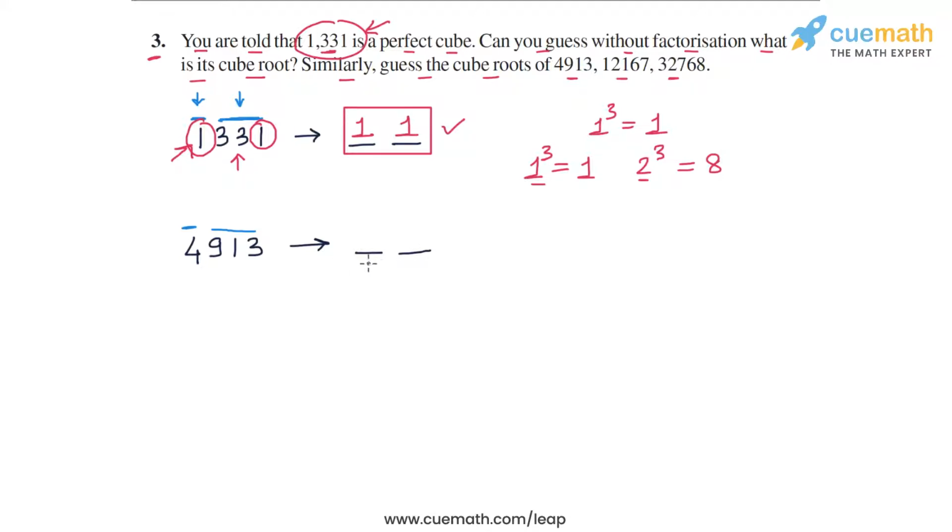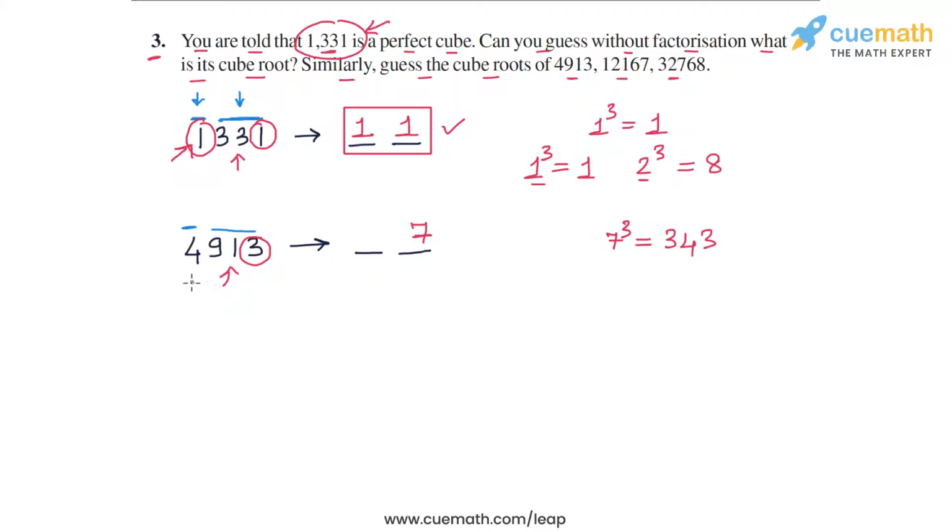To figure out the units digit, let's consider the units digit of the first group, which is 3. The cube of which digit ends in 3? There's only one such digit, 7, because 7 cube is equal to 343. So the units digit of the cube root will be 7.